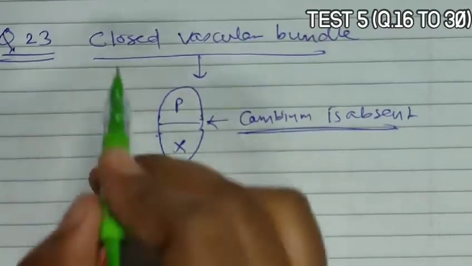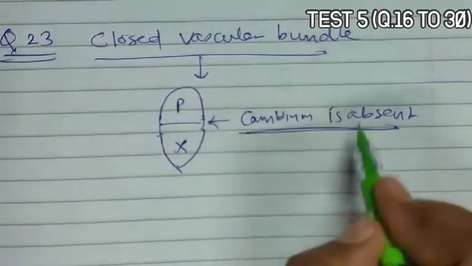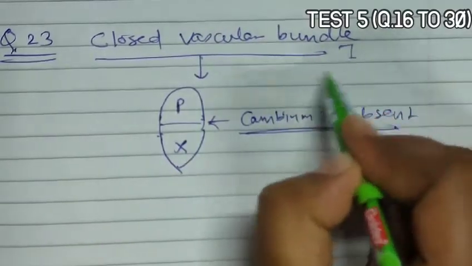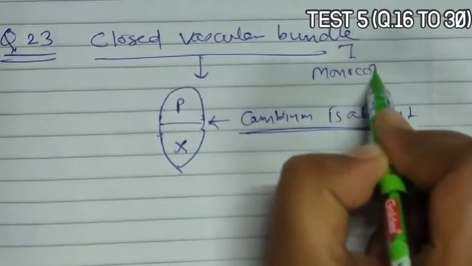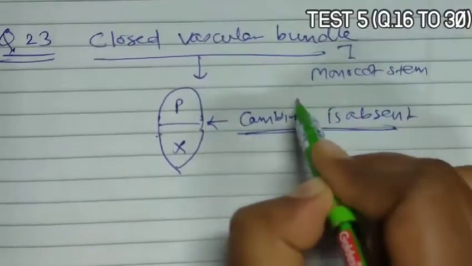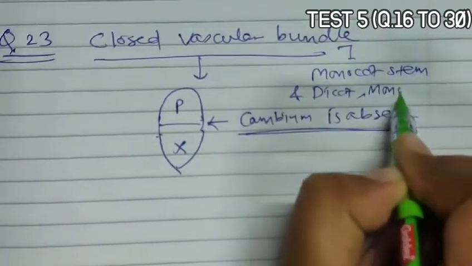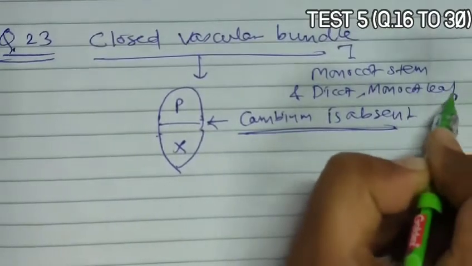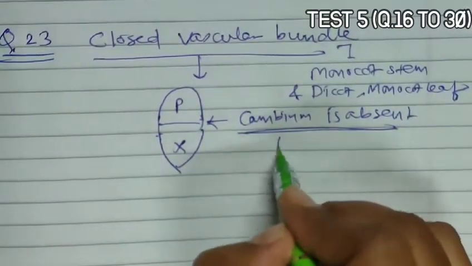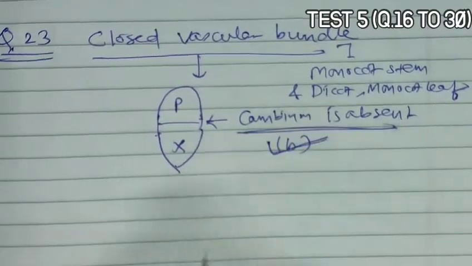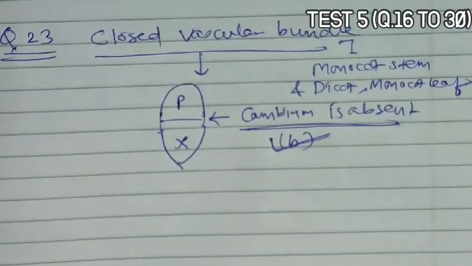Intrafascicular vascular cambium is absent, and this type of closed vascular bundle is found in monocot stem and monocot leaf. So cambium is absent, so option B is the correct answer.